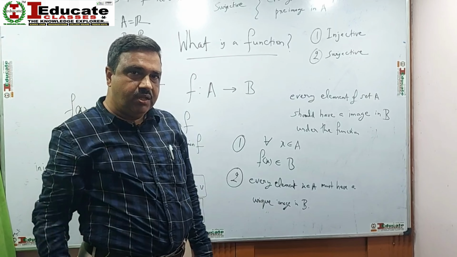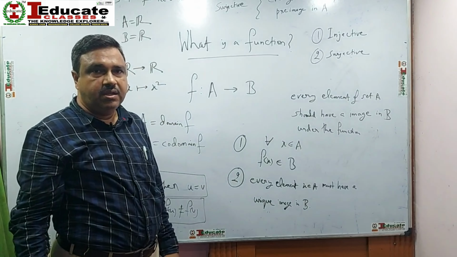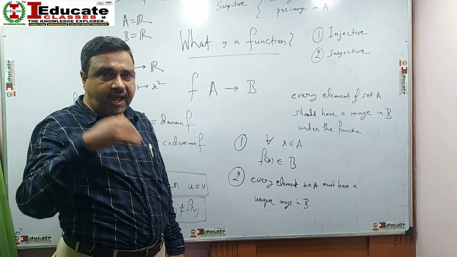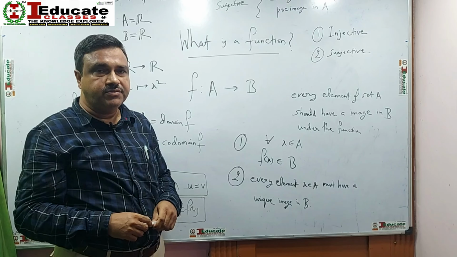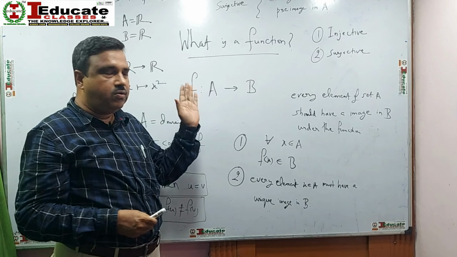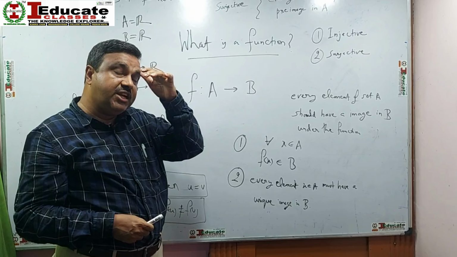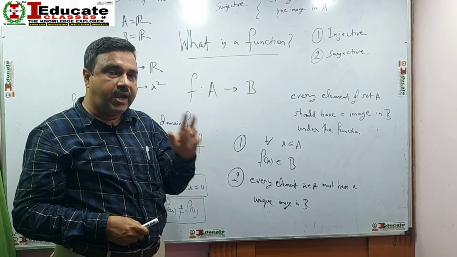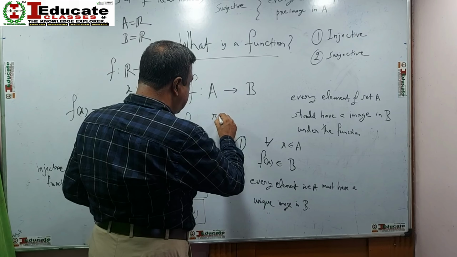What does it mean? In general, the codomain set may be larger than the range of the function. We have seen the set A is called the domain set, and the set B is called the codomain set. And what is the range of a function?